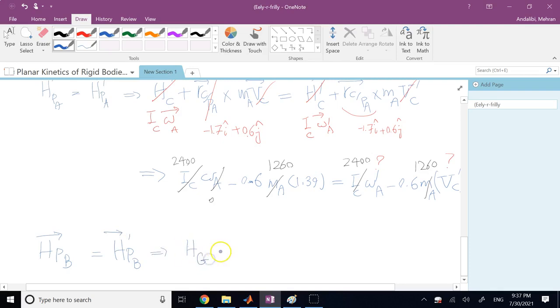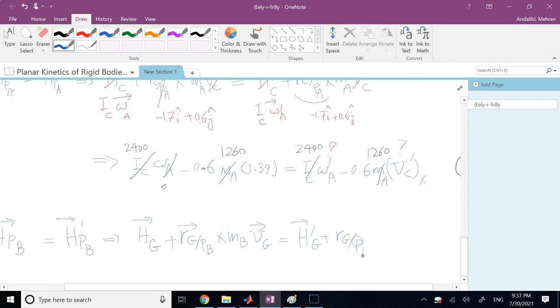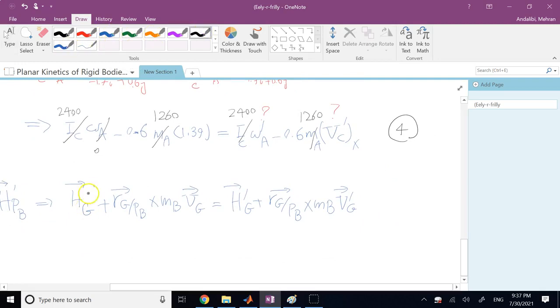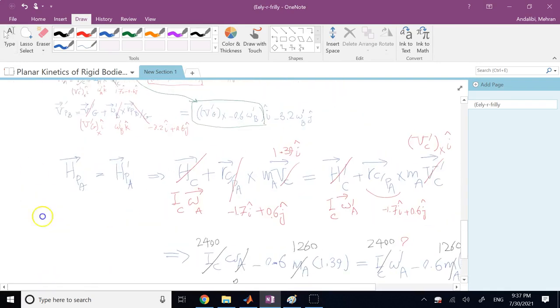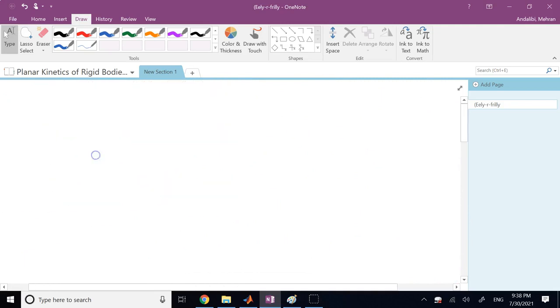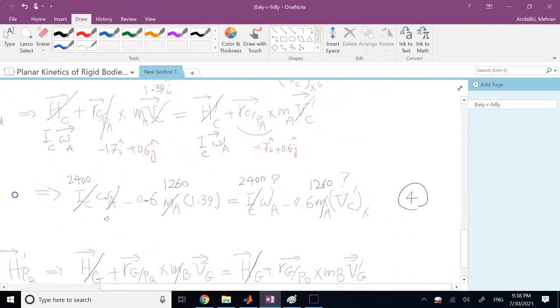And again, this is going to be HG plus R of G with respect to PB cross M B V G. This is going to be equal to H prime G, then plus R of G with respect to PB cross M B V prime G. Okay, and again, H about G, as you know, is I about G times omega. And M B was 27 and I is 76.